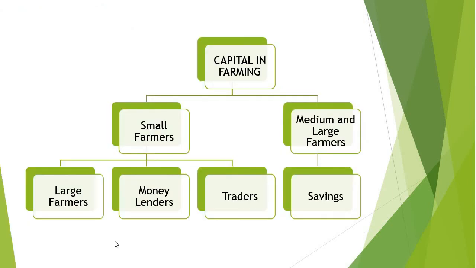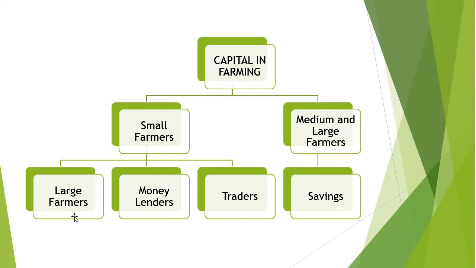The next topic is capital in farming. Now the small farmers need to arrange for capital since they are not very well off, and there are three ways in which they can arrange. The first one is by borrowing from large farmers.